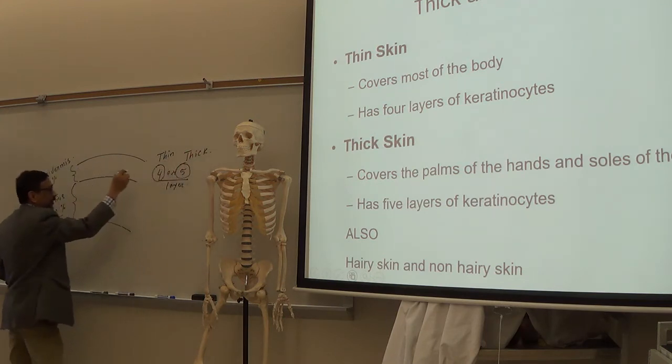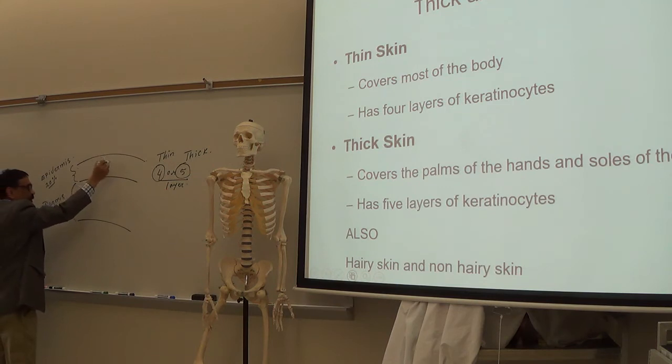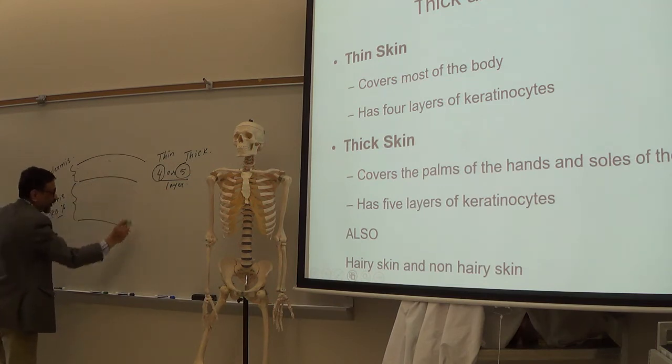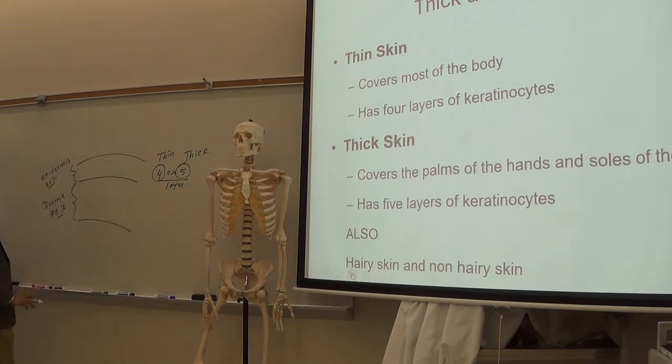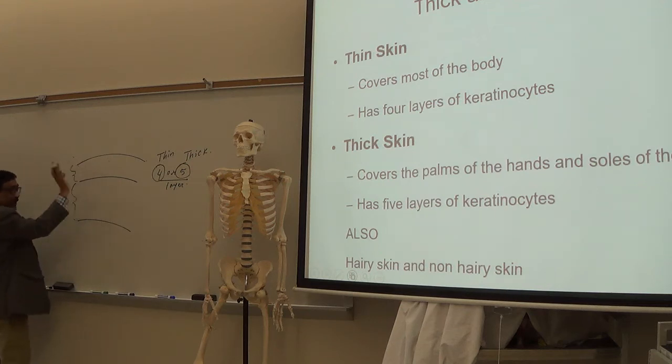Okay? So thin skin epidermis has 4 layers and thick skin epidermis has 5 layers. Now, what are those layers of the epidermis? Remember, I am only talking about epidermis. It has 4 or 5 layers.